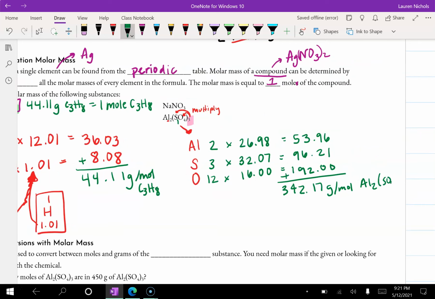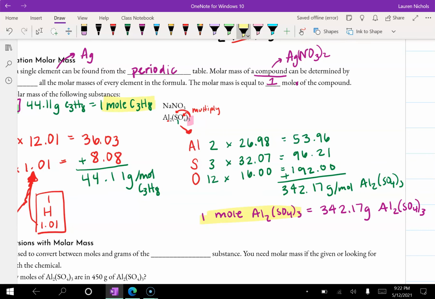aluminum sulfate. Now, again, remember, what that is saying is that if you have 1 mole of aluminum sulfate and you were to count it out and put it on a scale, it would weigh 342.17 grams. So molar mass, by its very definition, is always equal to 1 mole, no matter which chemical you're talking about.